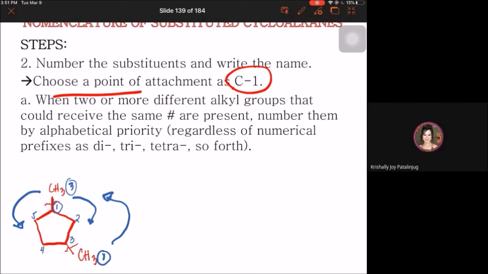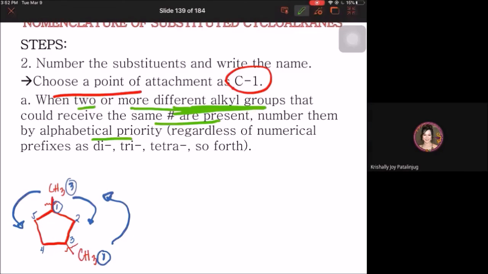Now, letter A case: whenever two or more different alkyl groups that receive the same number are present in the molecule, number them by alphabetical priority, regardless of the numerical prefixes such as di, tri, and so forth.